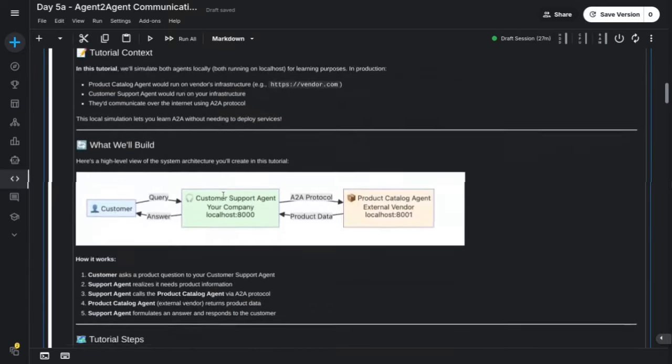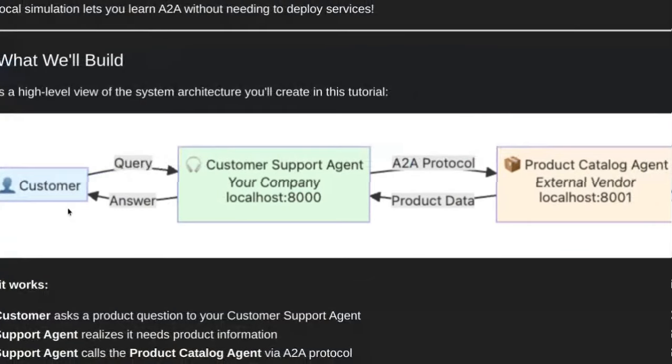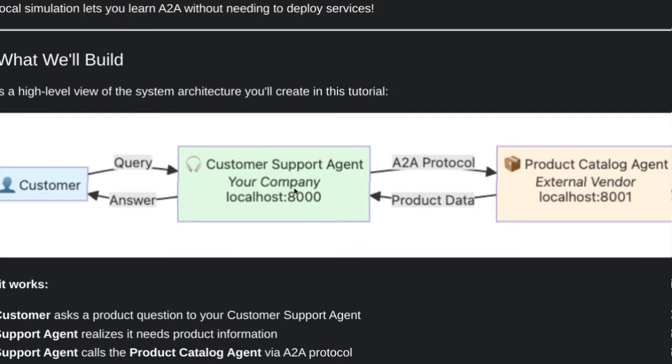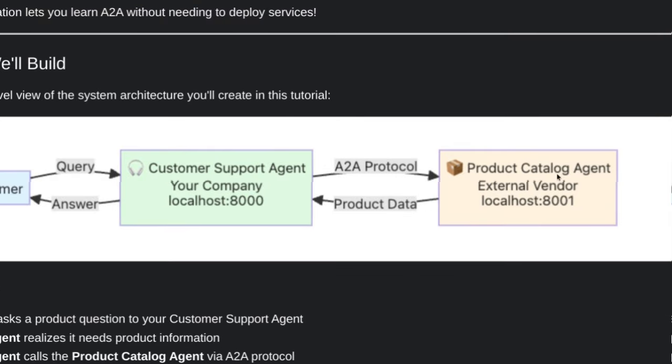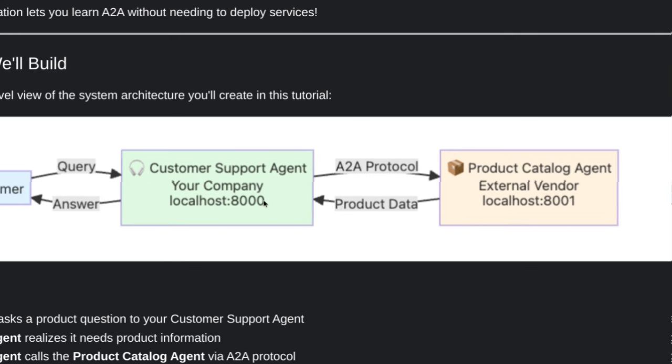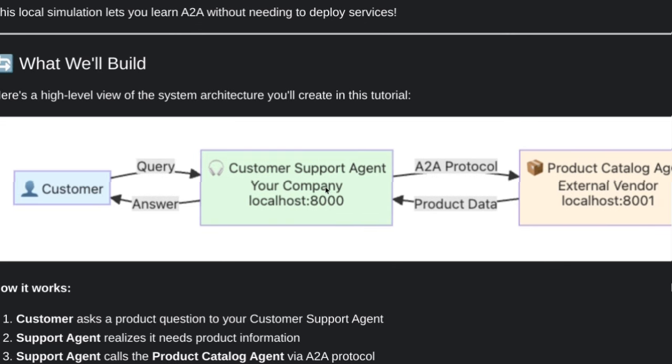Okay, so basically what they are doing here, first we'll give some prompt or query to our customer support agent, and that agent will use agent to agent protocol to contact our product catalog agent. Then it will look into the catalog of the restaurant, for example, and give back the product data, and then our CSA will give back the answer to our customer.